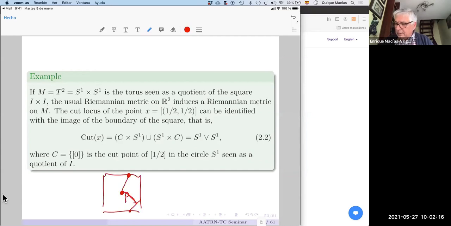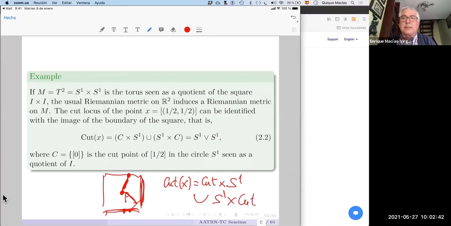So the cut locus is the image of the boundary of the square. And this can be written as the cut locus of this point is the cut locus of the first coordinate in S^1 times S^1, union S^1 times the cut locus. And this is a general formula that will be true in many places.